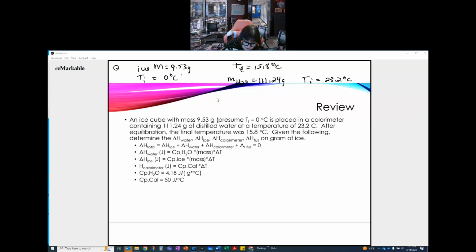Okay. So my delta H water is the Cp of the H2O. Now, Cp for H2O. If I look in my exam handout, I have a Cp for H2O that's given, because there's a table of specific heat capacity values that are given.